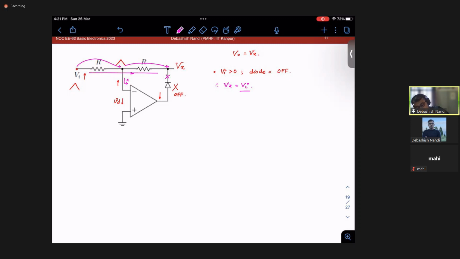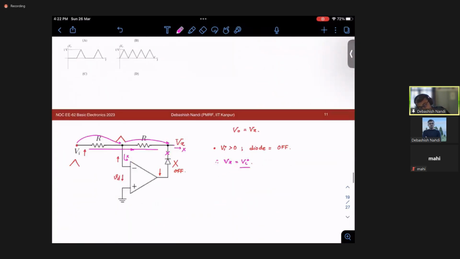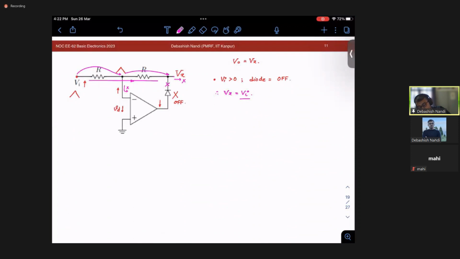And this is open, because the next stage also is going into the positive terminal of another ideal op amp, so no current is there. So simply it is an open circuit. That means this voltage will translate to that Vx. So your Vx is nothing but Vi in the positive cycle, right?